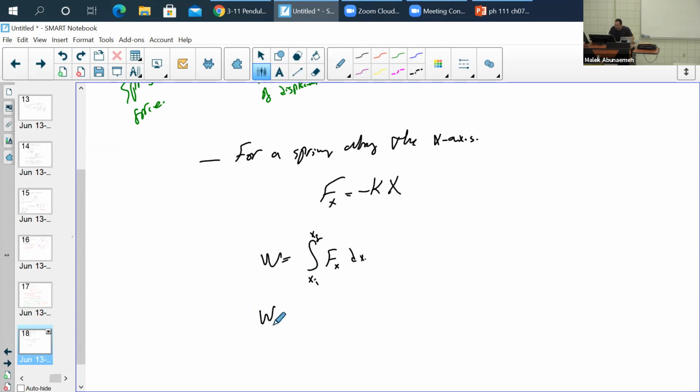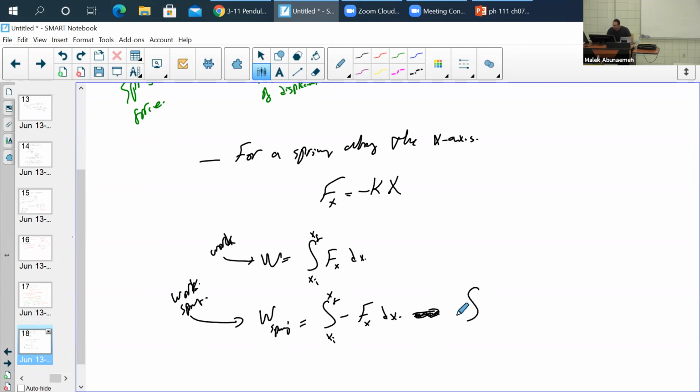For a spring, this is going to equal the integration from the initial displacement to the final displacement of minus k x dx.